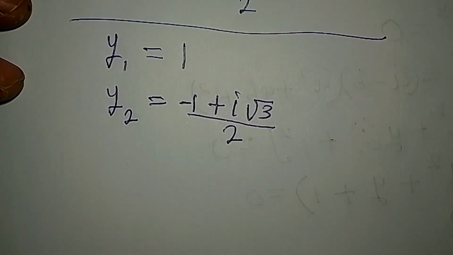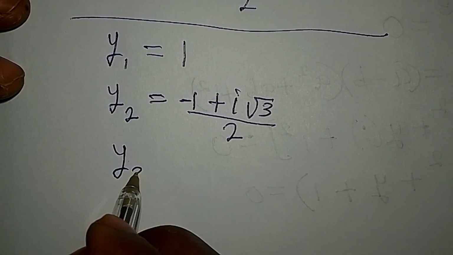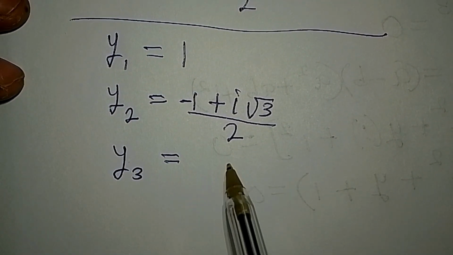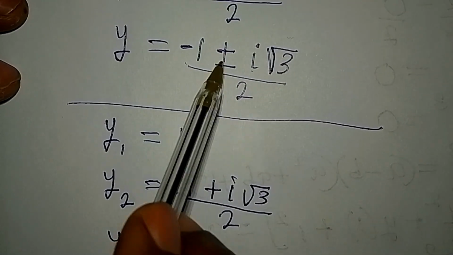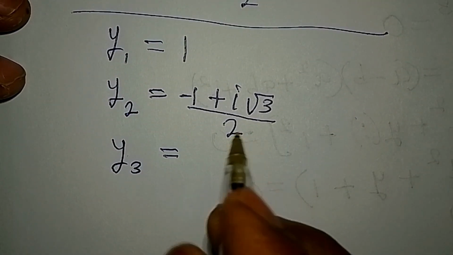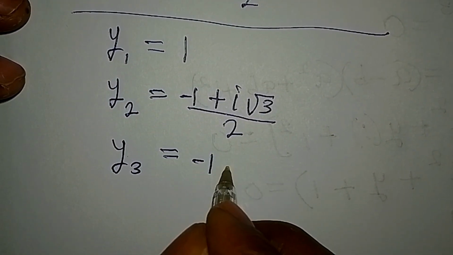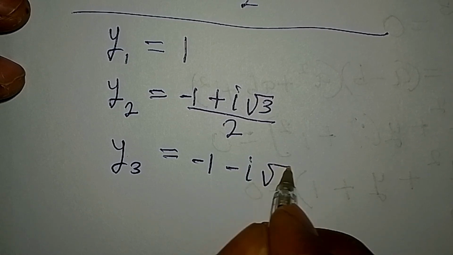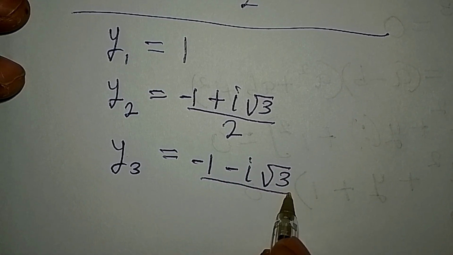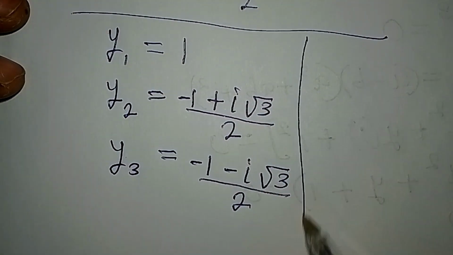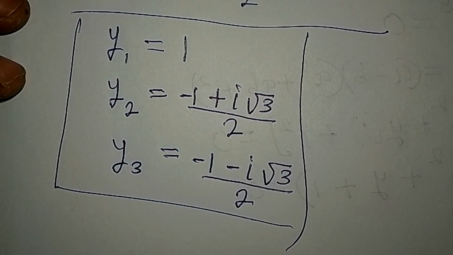This becomes our y2. Then y3 is also from here. So we pick minus 1 minus i square root of 3, and this is over 2. So from here we have the 3 solutions.